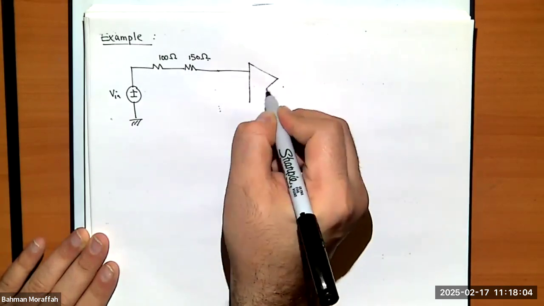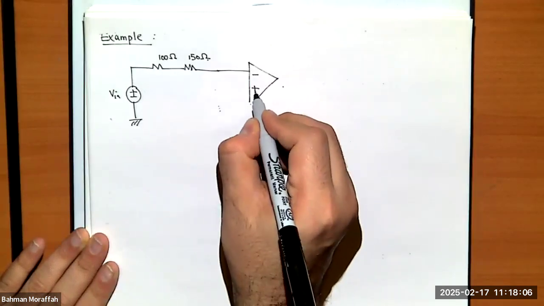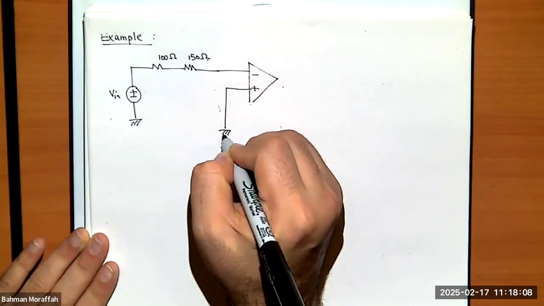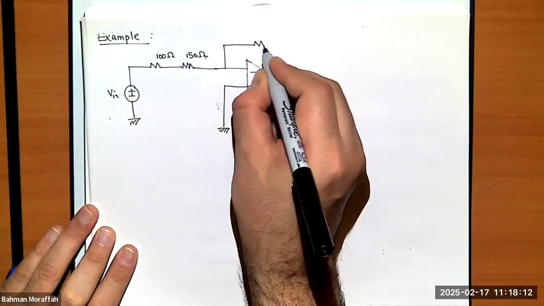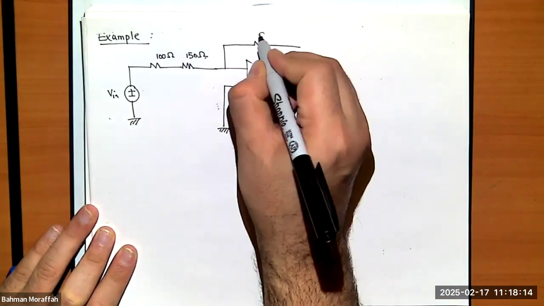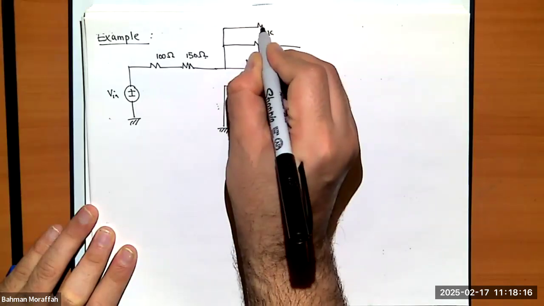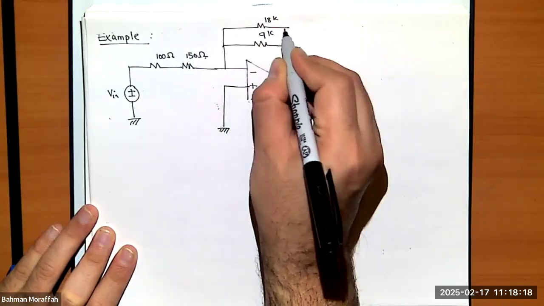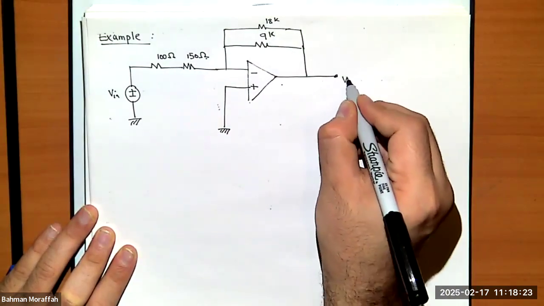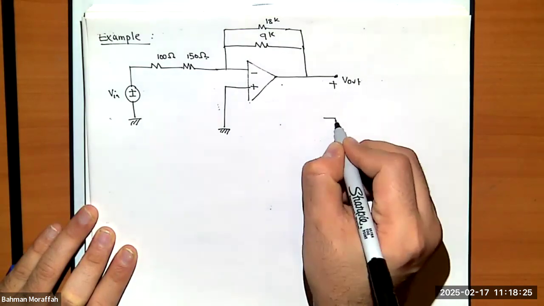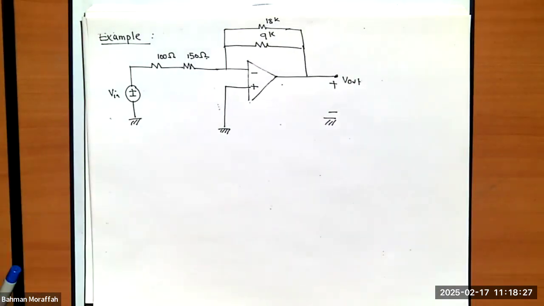It's connected to an op amp. Positive side is connected to the ground. And we have two resistors with values 9K and 18K in parallel. The whole thing goes to the output. And this is the out.